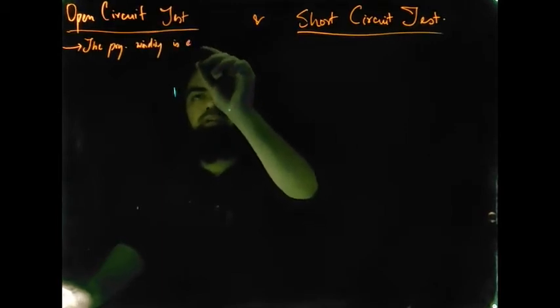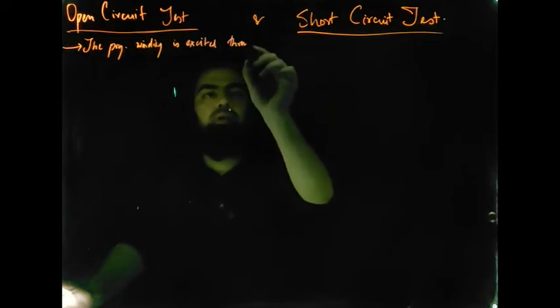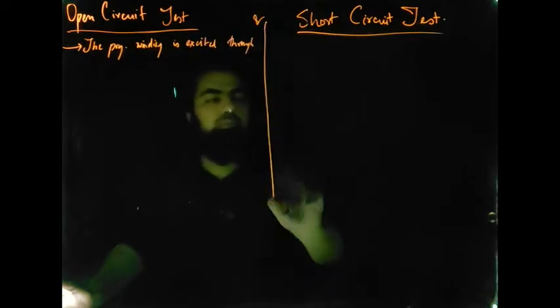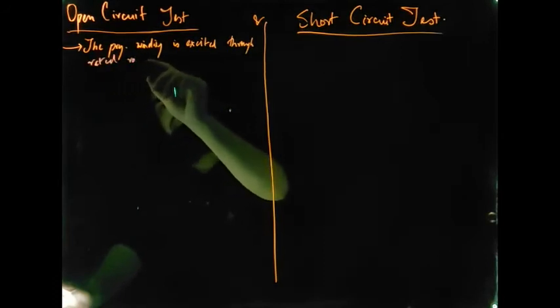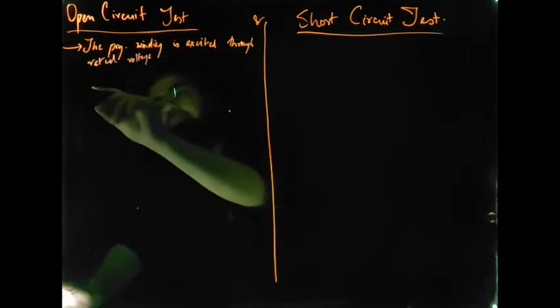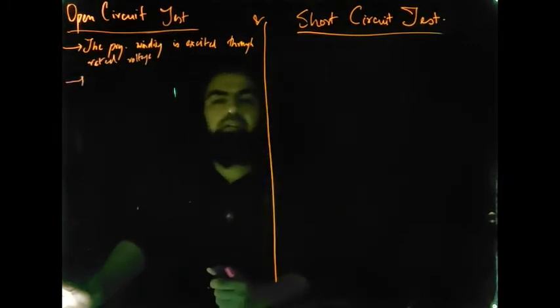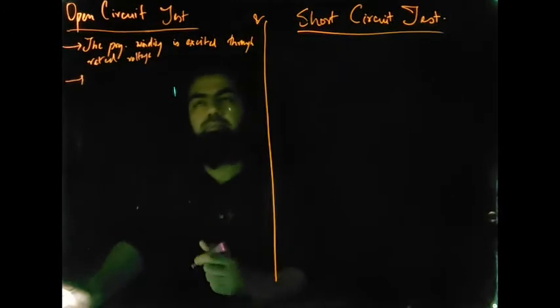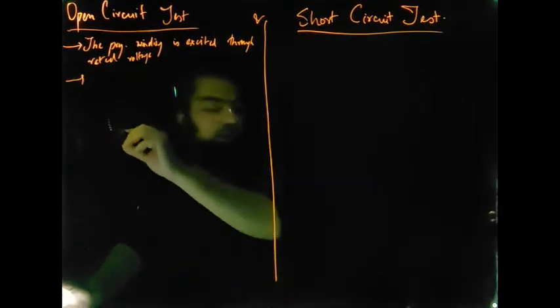The primary winding is excited through rated voltage. A rated voltage is applied to the primary winding of the transformer.